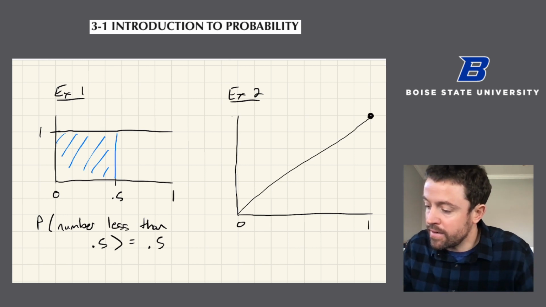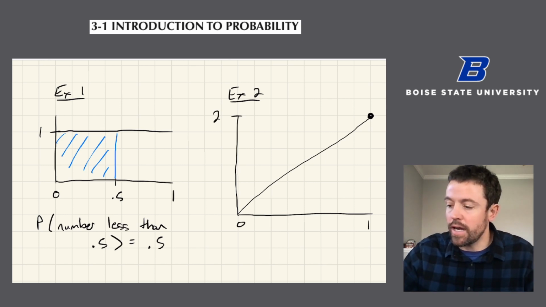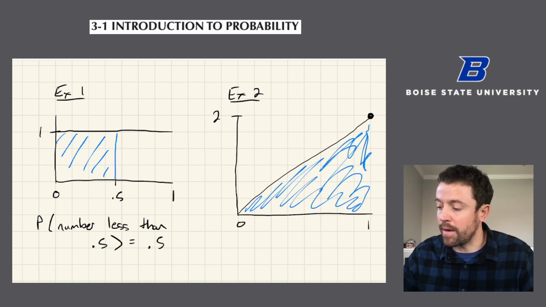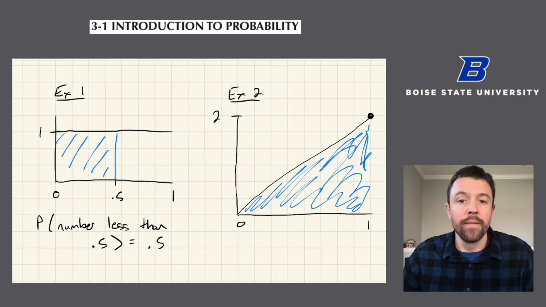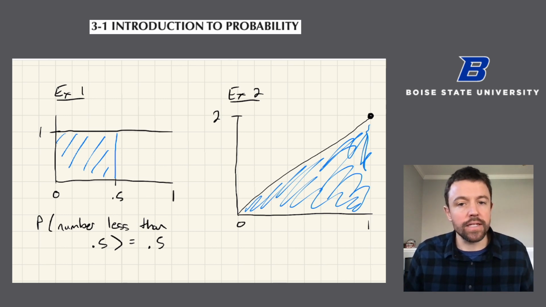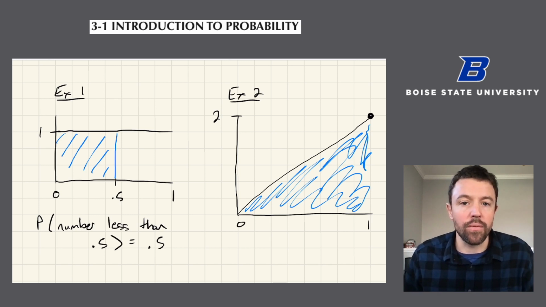We line up here, and this height is going to be 2. Now, why is the height 2? Because I've drawn a triangle here, and the total area, if this is going to represent a probability, has to be 1. That is, I'm going to pick something between 0 and 1. The area of a triangle is base times height divided by 2. And since my base length is 1, my height has to be 2 to make this total area 1.